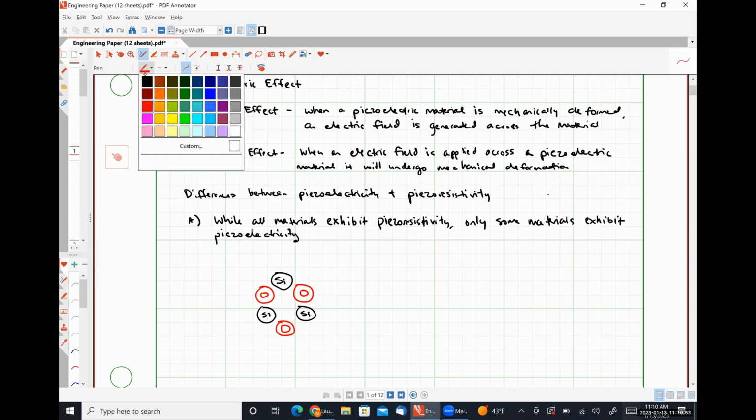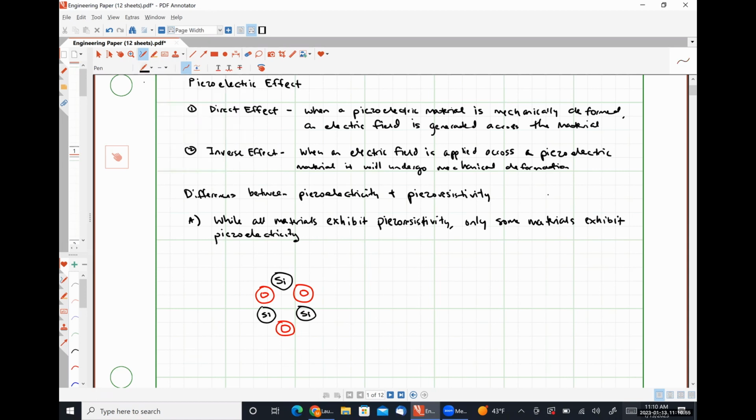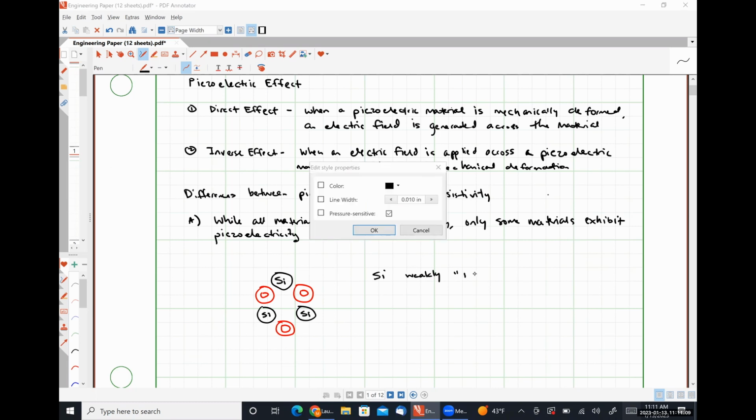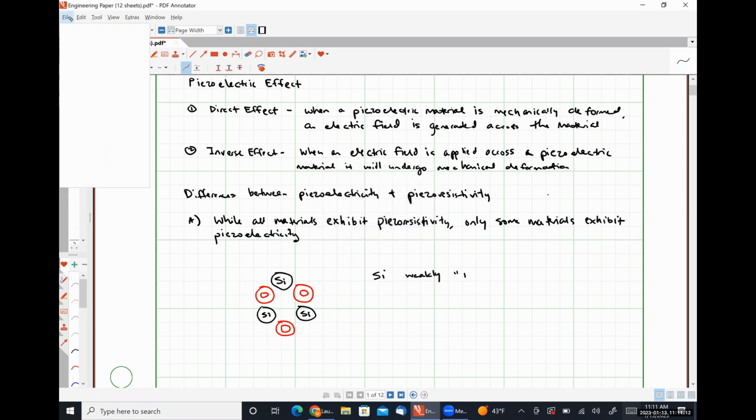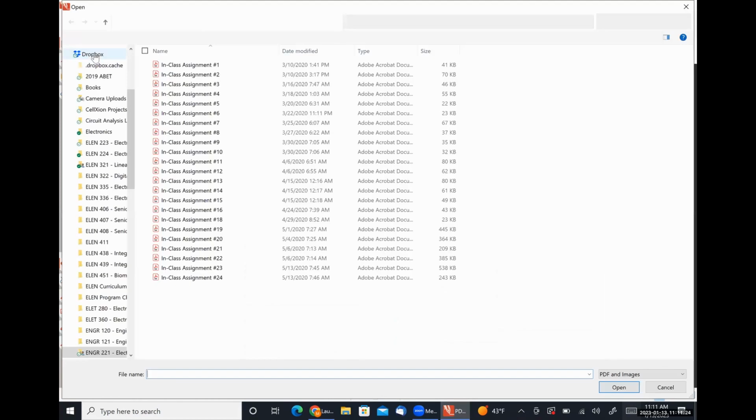So in quartz crystal, the silicon atoms are weakly positively charged.